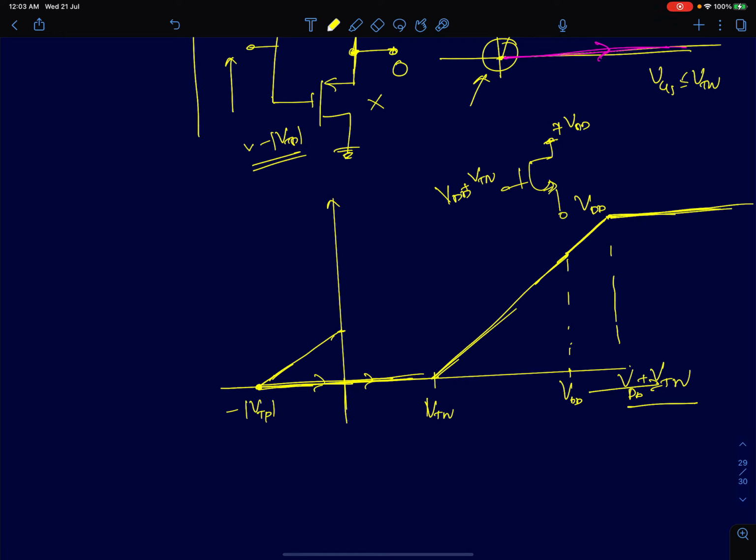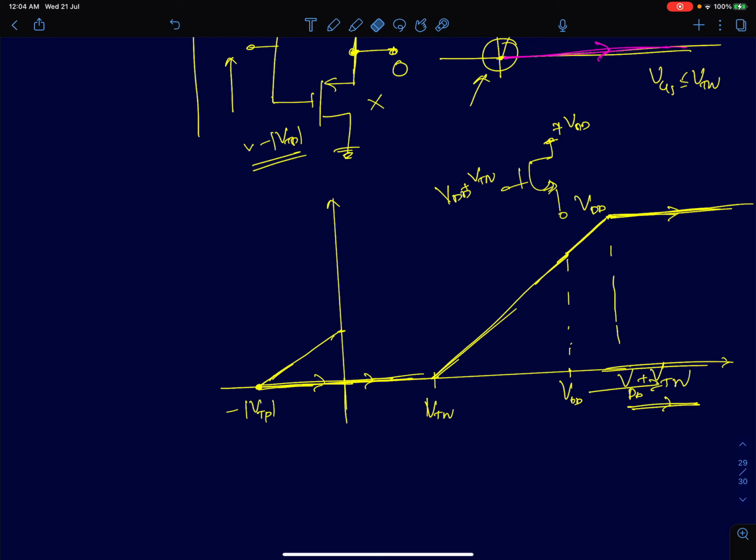Right now, I am not worried about breakdown. Here gate to drain voltage might keep increasing, I am not worried about that. We are just drawing it using the simple square law model. If you keep increasing your input, within some reasonable limits, the graph will look like this.